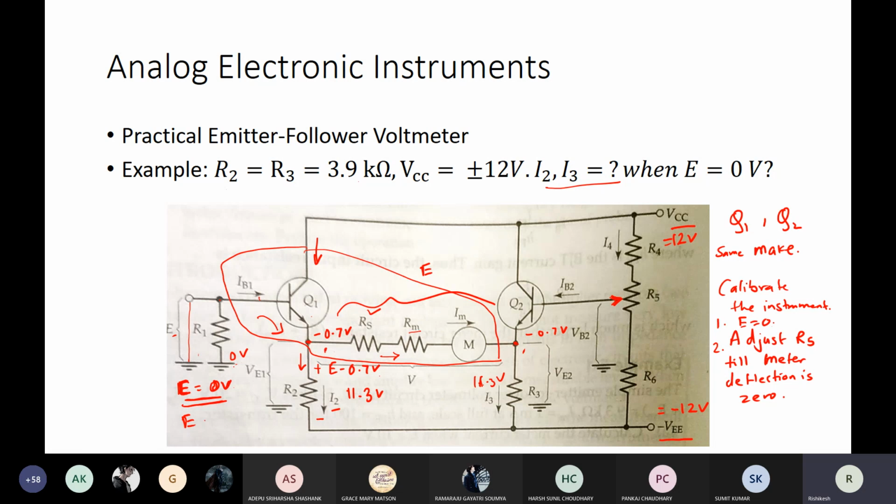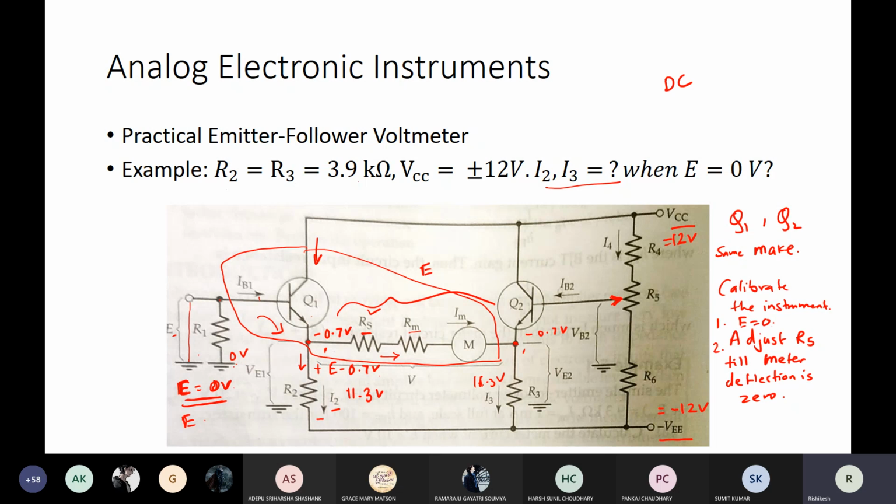Right. So this is how the practical emitter follower voltmeter will work. So please remember, we are still working with DC quantities, DC voltage measurement, and the selection of RS, whatever we discussed previously in the PMMC based voltmeter design, remains the same.